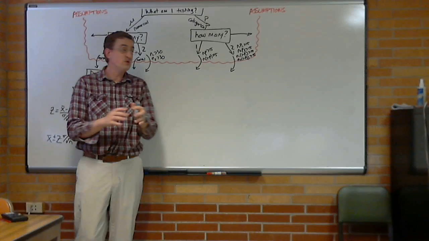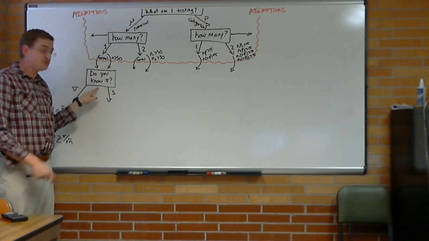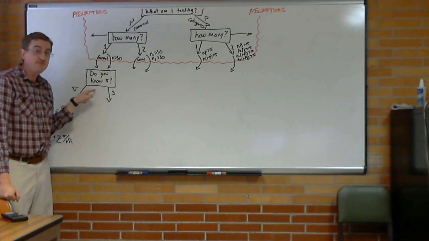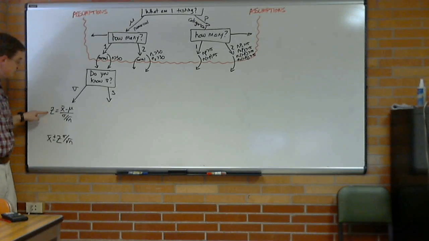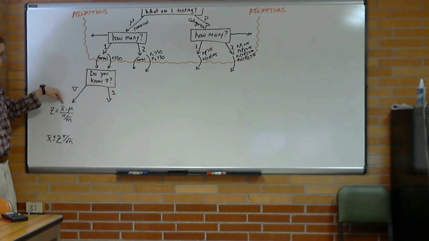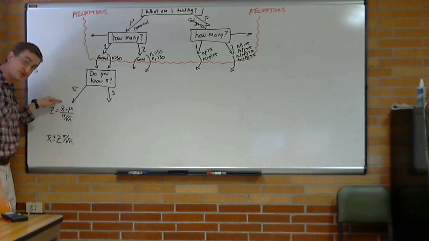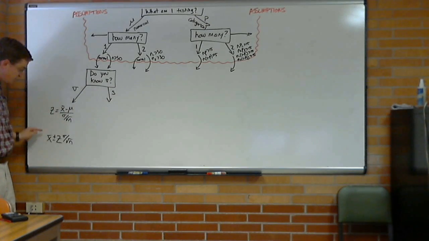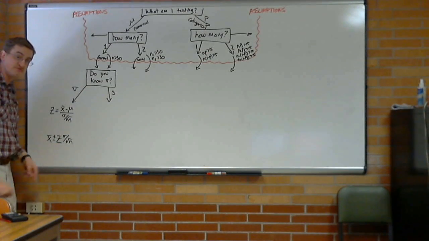Now, if you do know that it is normal, then you go to the next question, which is, do you know sigma? If you do know sigma, this is the z-test that we are used to. You do z equals x bar minus mu over sigma, because you have the sigma right here, over square root of n. For the confidence interval, you are going to take this equation and write it in a different way so that it is x bar plus or minus z sigma over the square root of n.